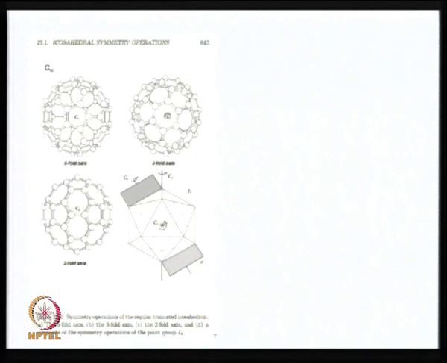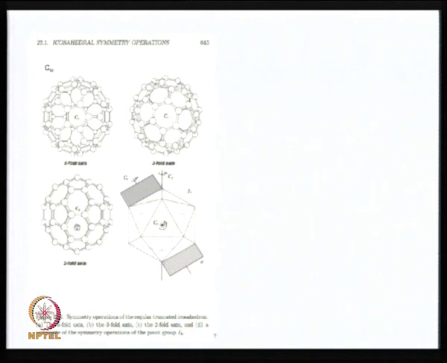So if you are on a pentagonal face, then you have C5, a 5-fold rotation axis. If you are on a hexagonal face, then you have only a 3-fold rotation axis, because there is an alternating hexagon-pentagon pattern. So this is C3, as you can see.